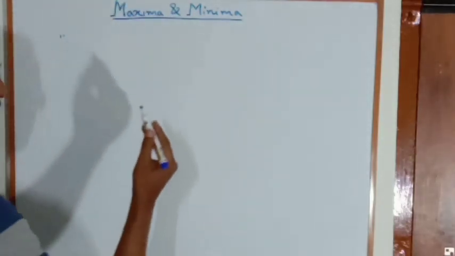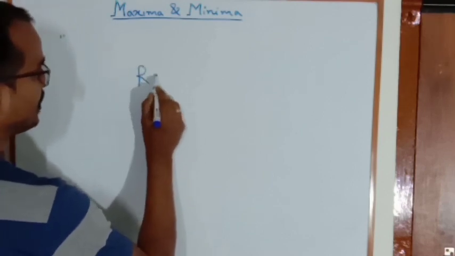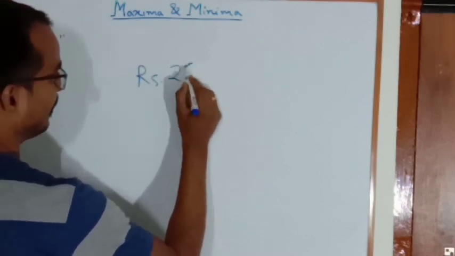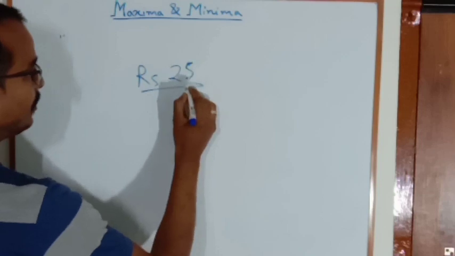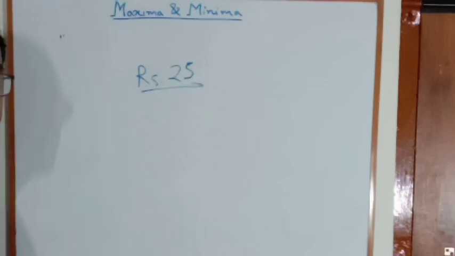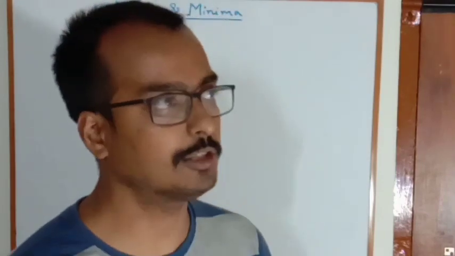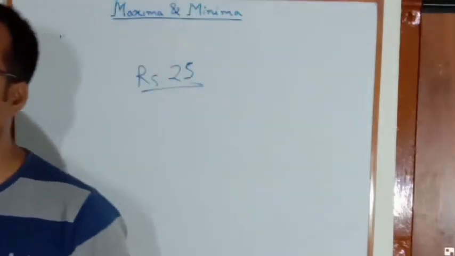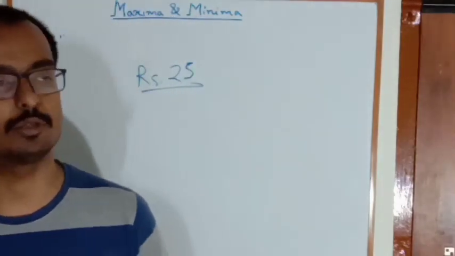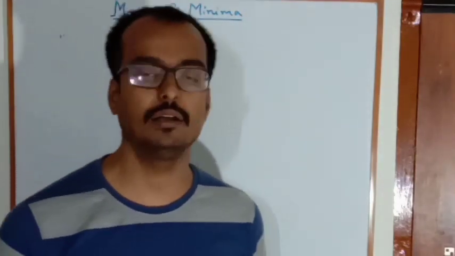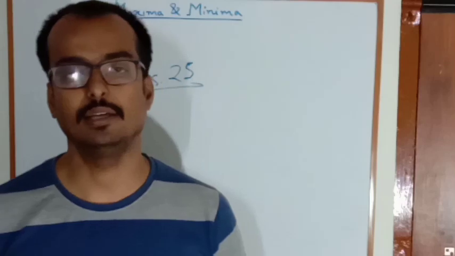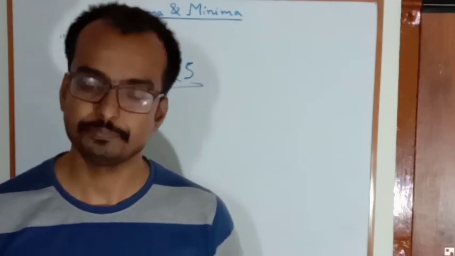The MRP is the same. If it is rupees 25 per bottle for Assam, it is also rupees 25 for Gujarat, for Kerala, for Orissa or Bengal or even Jammu and Kashmir or whatever.